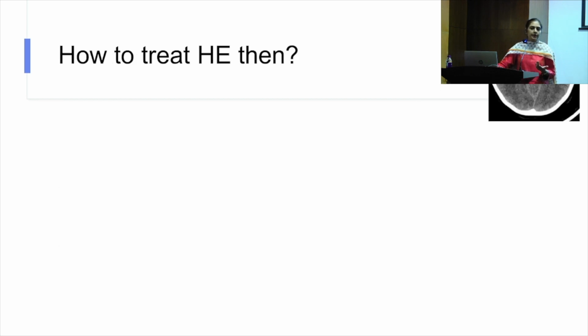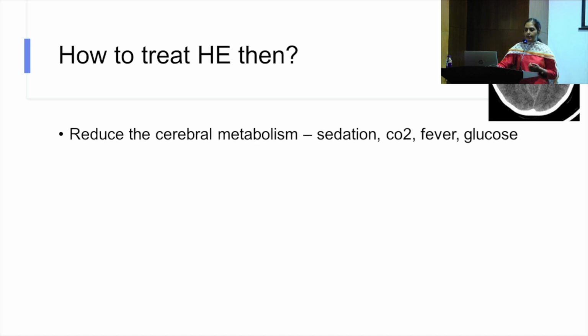So then how do you treat? You have a raised ICP there, these patients are going to coma. How do you actually treat the hepatic encephalopathy, which is the commonest cause of your mortality in ALF? You will have to think of your usual measures to reduce the secondary insult: reduce the cerebral metabolism, control your temperature, sedate the patient, maintain your carbon dioxide levels, maintain your glucose levels, maintain cerebral blood flow with vasopressors if required.